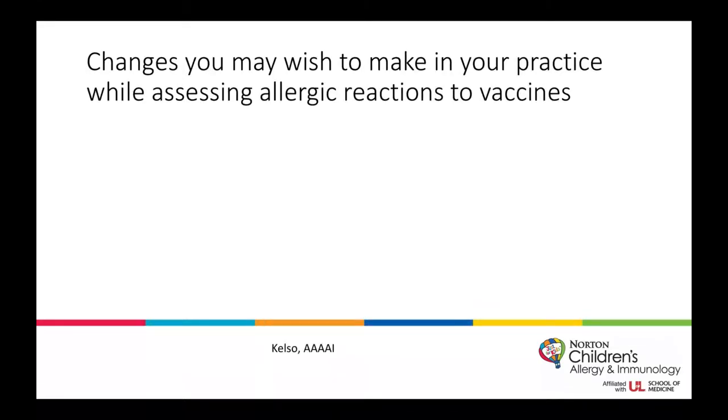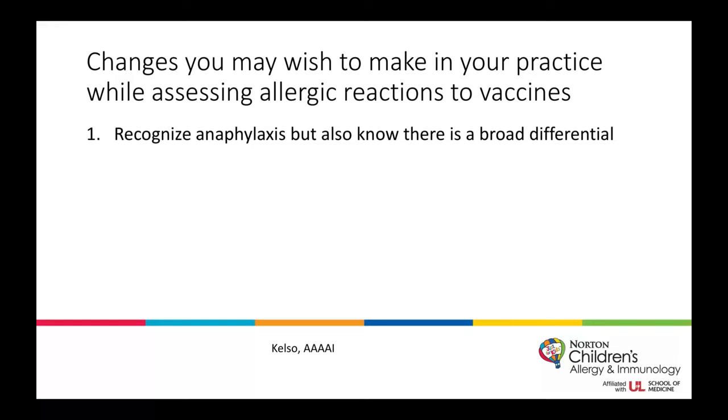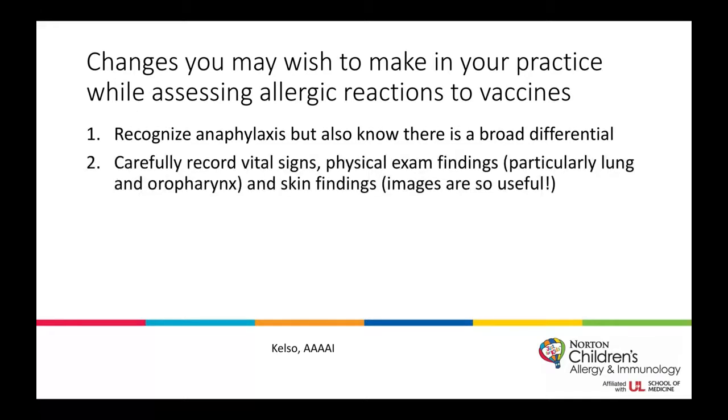So whenever you're assessing allergic reactions to vaccines, changes that you may want to make in your practice are to recognize anaphylaxis, but also know that there's a huge barrage of differentials for anaphylaxis. Carefully record vital signs, physical exam findings, skin findings.